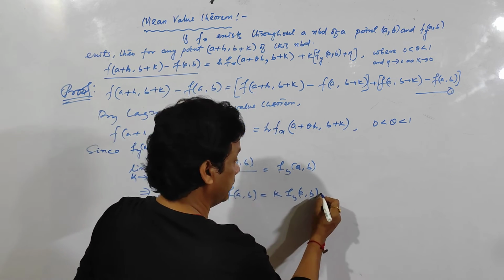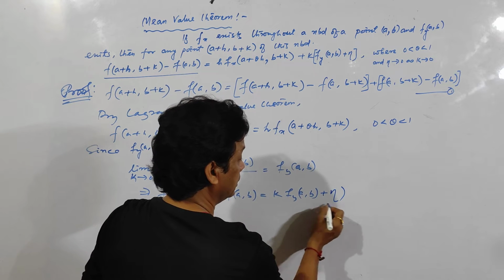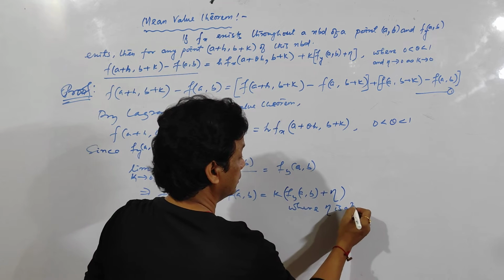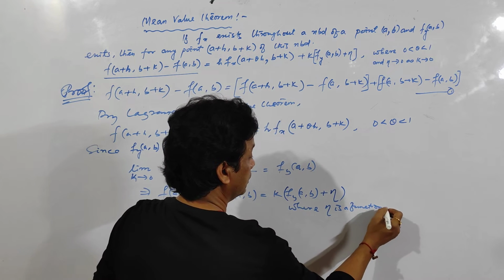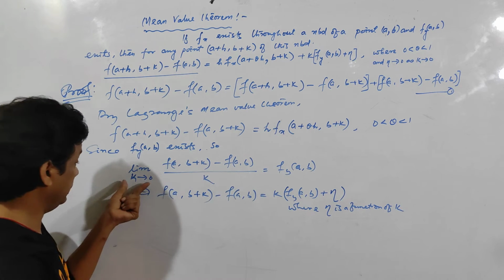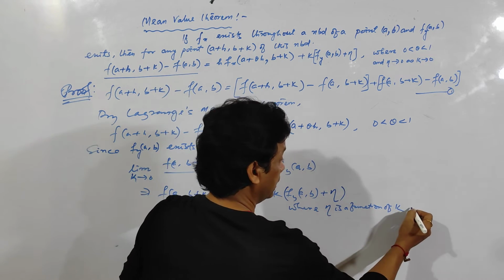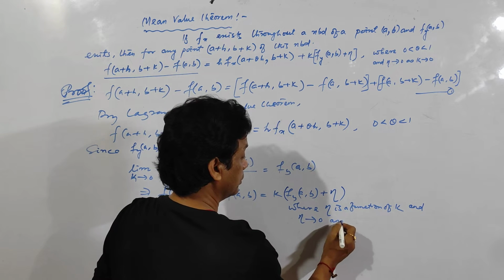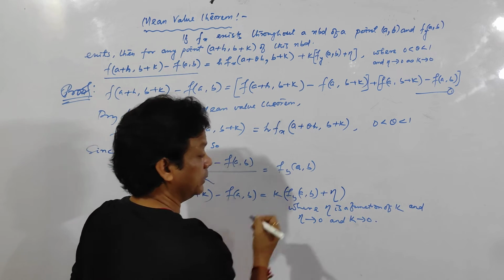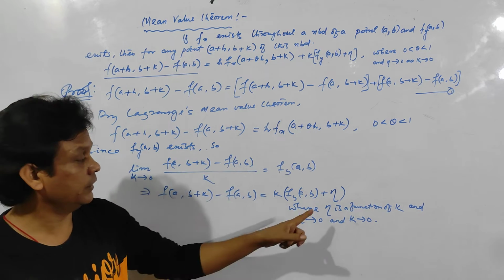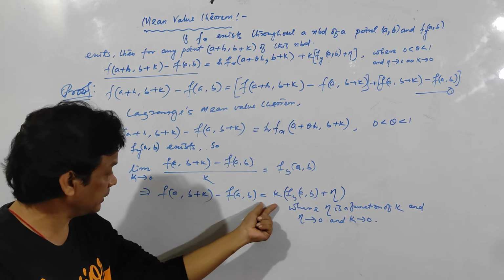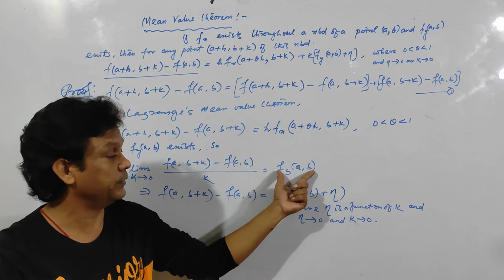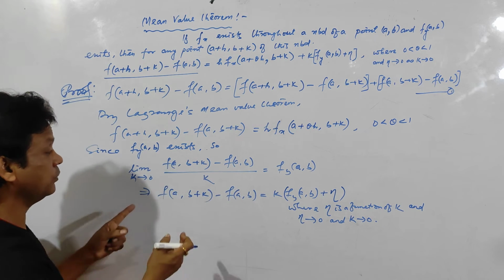So that is why I am taking a function eta, where eta is a function of k, because limit k tends to 0, and eta tends to 0 as k tends to 0. Clear? So that is why, if you take the limit on both sides, with k in the denominator, after taking the limit this eta tends to 0. You will get fy at (a, b). Clear?